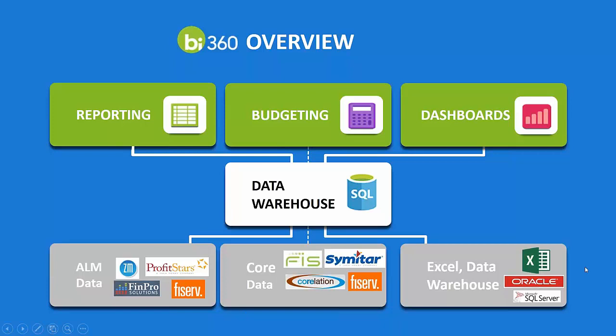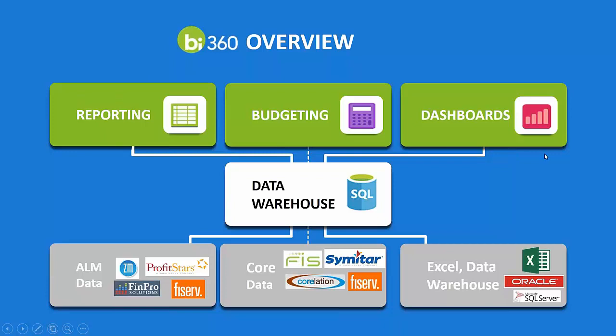We're going to bring all that into a common SQL Server data warehouse. The data warehouse is SQL Server. It can be on-premise or on the Microsoft Azure cloud. Again, we're going to bring it all in one place, allow you to report against it, budget against it, and build dashboards. This green layer, think of it as a wrapper.